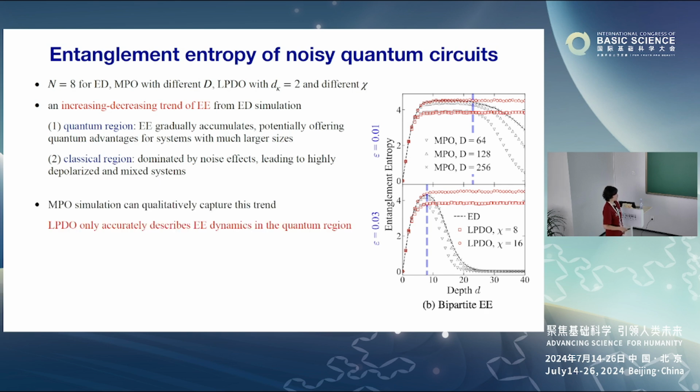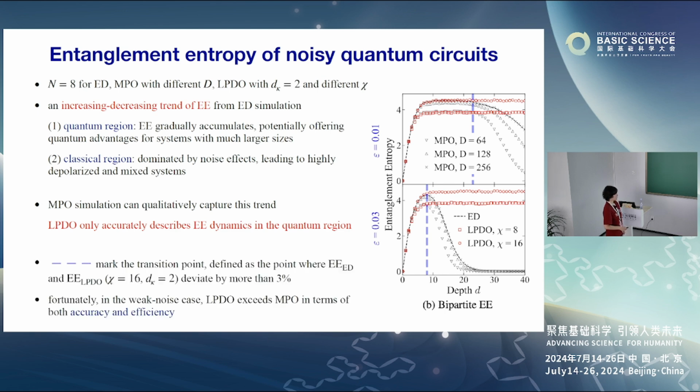We can see that the MPO can capture all the trends in both parts. However, the LPDO can only accurately describe the entanglement dynamics, but not the classical region. And this dashed line marks the transition point.